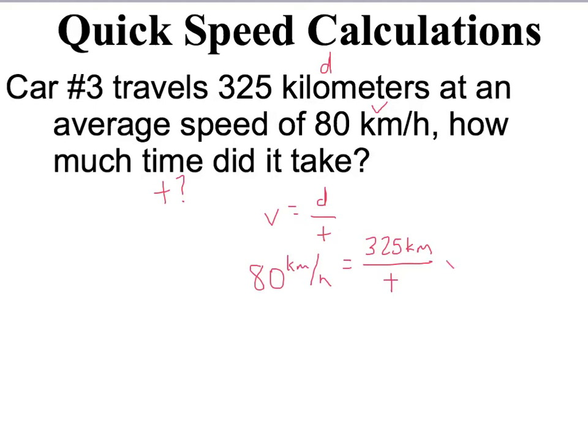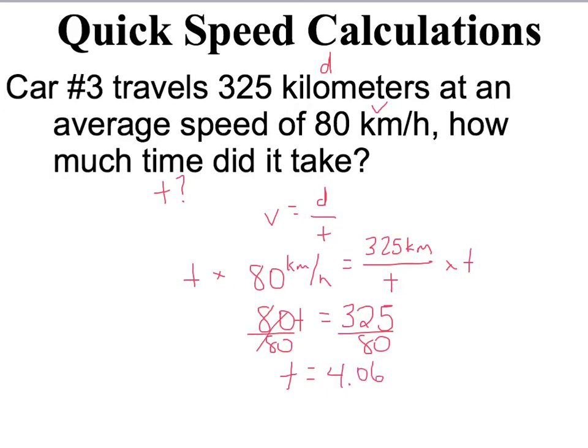So to do that, first we'll have to multiply both sides by t. And I'm going to keep the units off, just to make this a little more simple. This gives us 80t equals 325. Then we have to divide both sides by 80, which will cancel out the 80 over here and leave us with t, and on the other side give us 4.06.